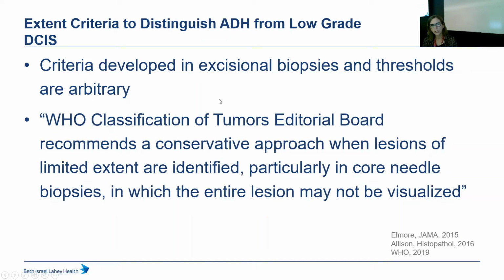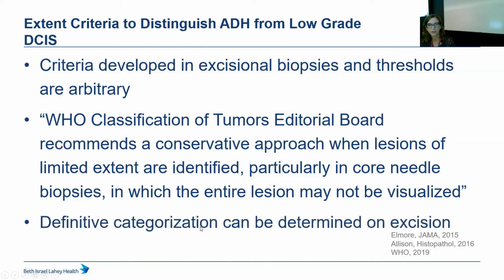But important to remember that the WHO Classification of Tumors Editorial Board recommends a conservative approach when lesions of limited extent are identified, especially in the setting of core needle biopsies, in which the entire lesion may not have been visualized. And so you don't know that when you have a core needle biopsy, whether you have the whole lesion or you don't have the whole lesion. So circumspection and a conservative approach is advised, and a wait for definitive categorization on excision.